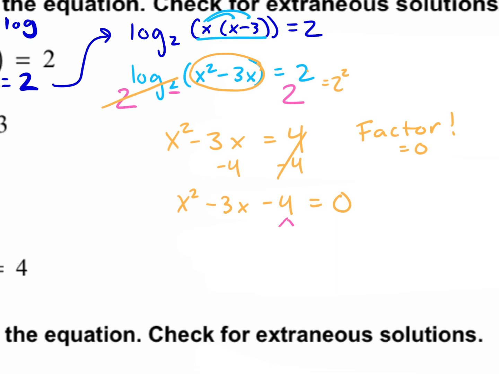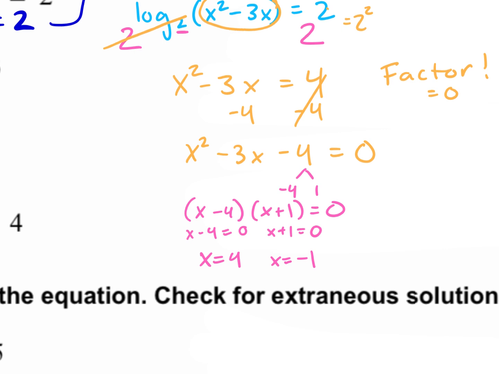So do we have two factors of negative 4 that add to negative 3? Negative 4 and 1. So x minus 4 and x plus 1 is equal to 0. So what does x equal? So set them both equal to 0. So we just flip the sign. So x is equal to positive 4 and x is equal to negative 1.